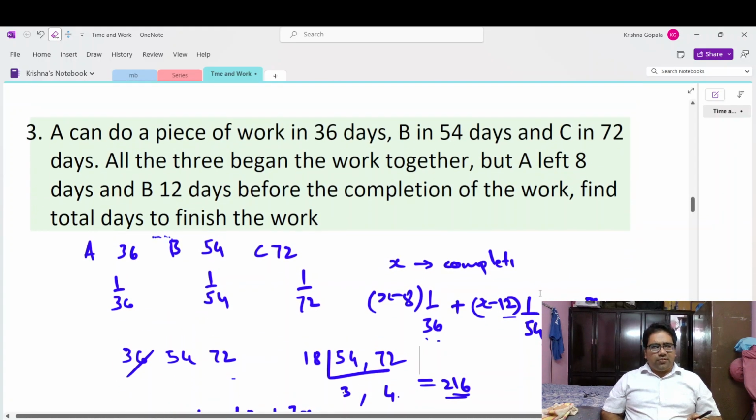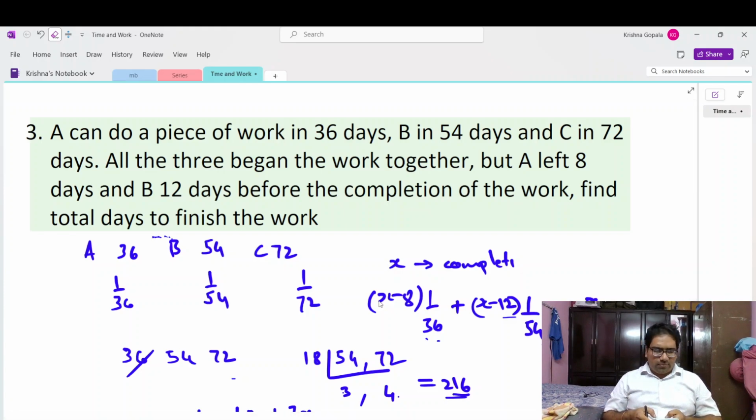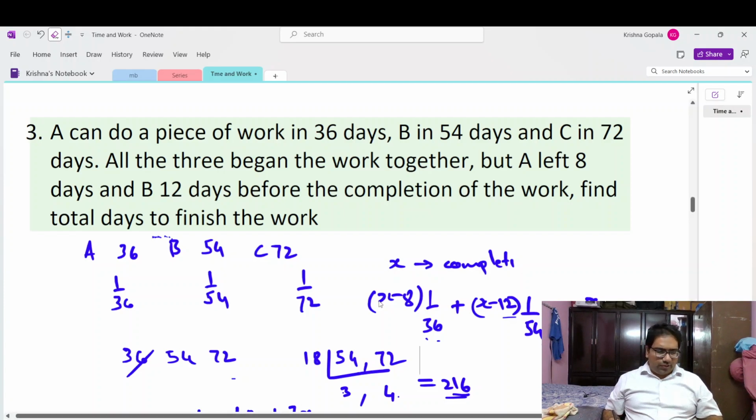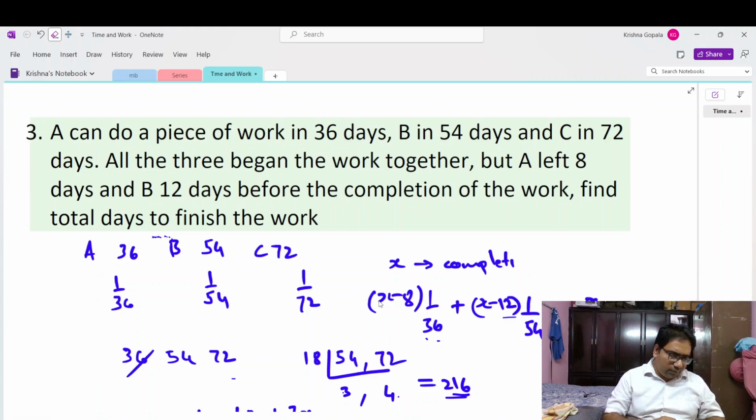Okay, you can verify this. 24 days they took together. After the 16th day, this person left. A worked for 16 days, right? That means 16 by 36, plus B worked for 12 days, so 12 by 24, plus C worked for 24 days, so 24 by 72.